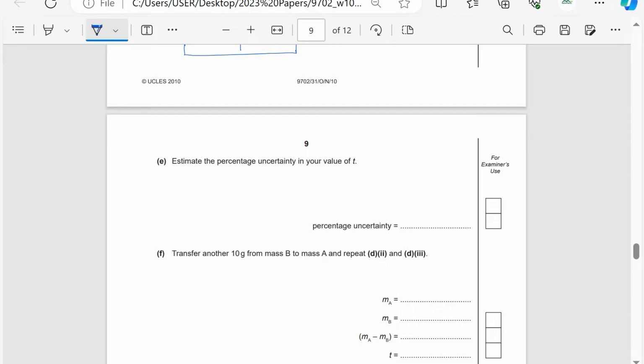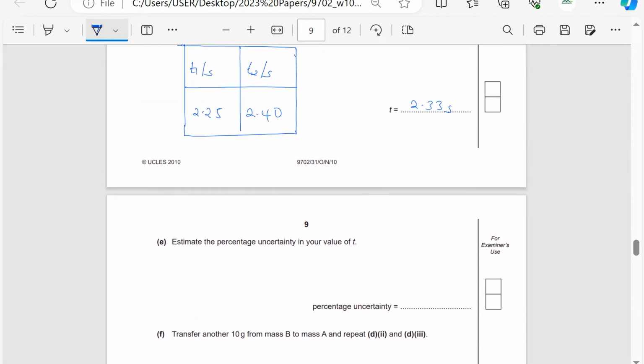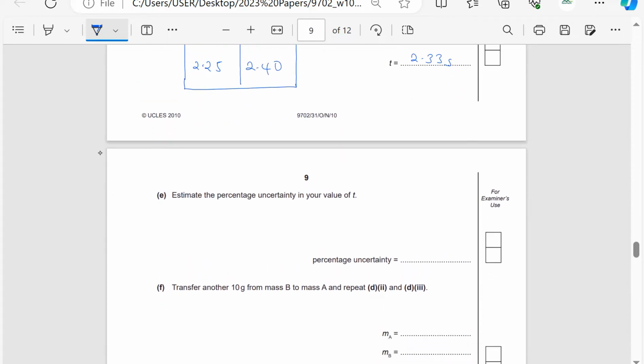Then estimate the percentage uncertainty in your value of t. Since she has repeated measurements, she could use a simpler method of absolute uncertainty being half of the range. So she wrote absolute uncertainty in t is equal to half of the range for repeated measurements which are not the same.